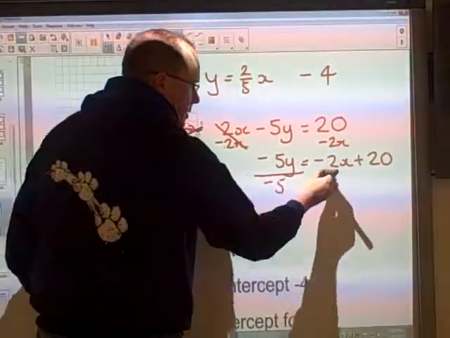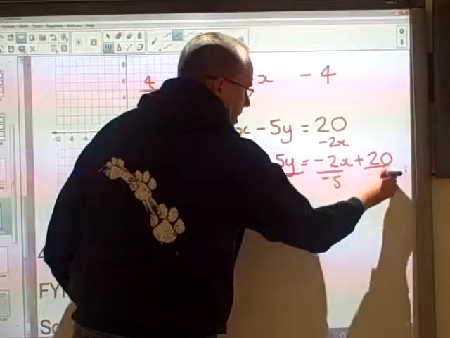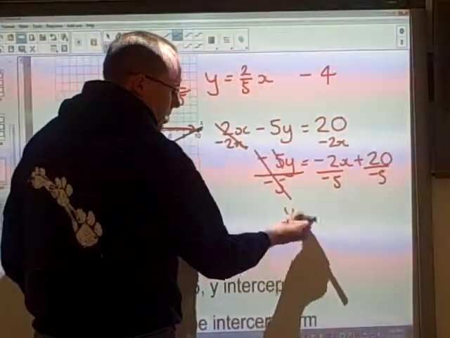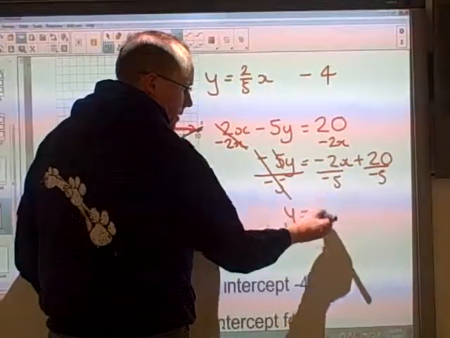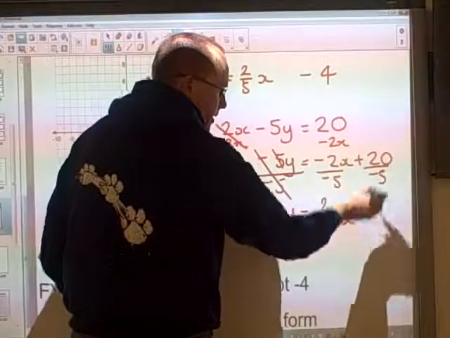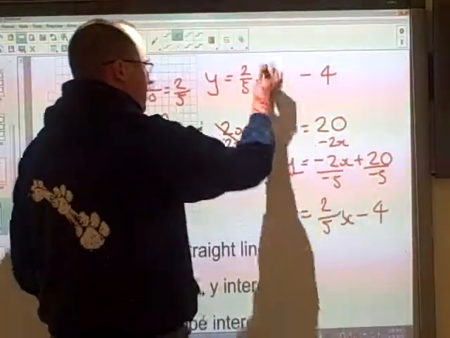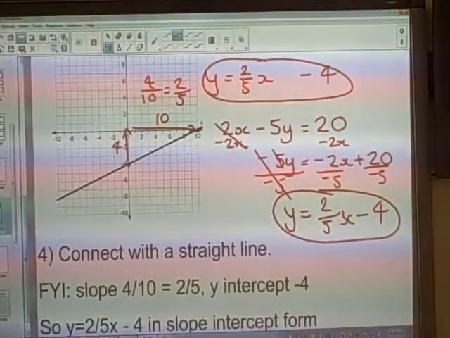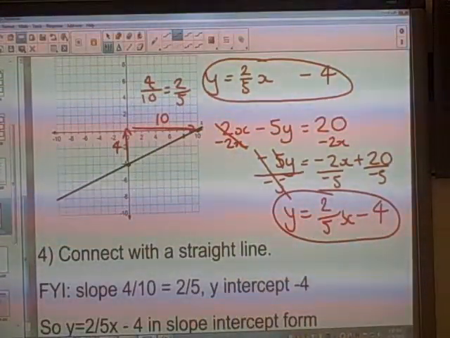And then if I divide both sides by negative 5, my negatives cancel and the 5's cancel, and I get y equals, 2 negatives give me a positive, 2/5 x, and 20 divided by negative 5 is negative 4. So I also end up with the same answer this way, another way you can check your answer if you'd like.